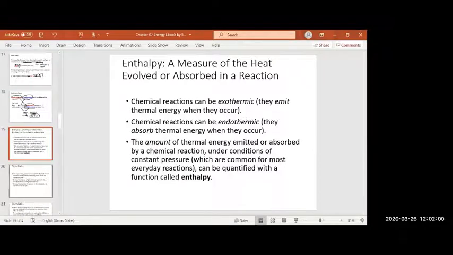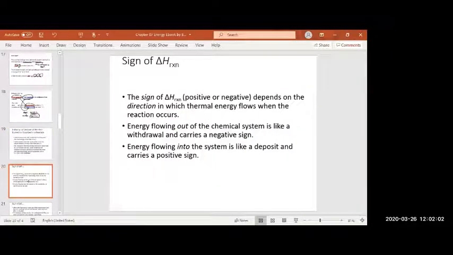Okay, the sign of delta H reaction. Sign of delta H, we said it could be either positive or negative, depending on the direction in which thermal energy, which is the heat, flows when the reaction occurs. Could flow out or flow in. Release, give us heat, or absorb, need heat.